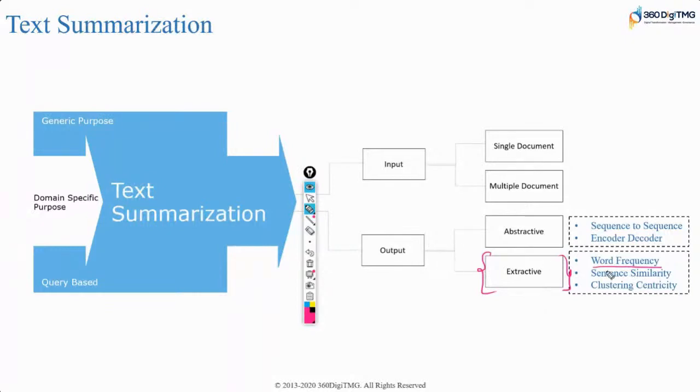Okay, then you have sentence similarity. This is a measure of how similar other sentences in a document are to a given sentence. So this is a classic example of query. You give a query and you look at how similar the other sentences are to this sentence.